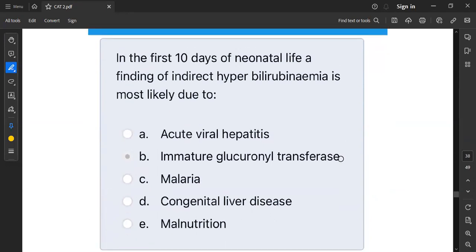Very good question. Yeah, B. So immature glucuronyl transferase. I don't think we'll belabor too much on that. Move to the next question, the one below.